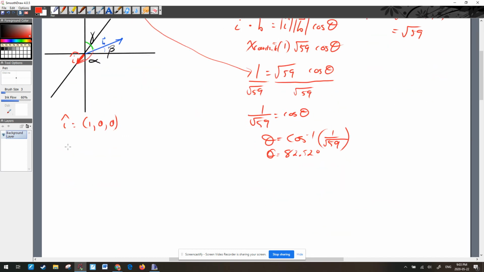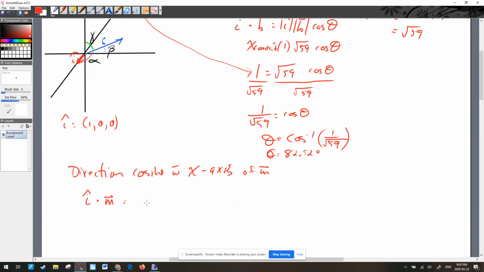So here's what we can do if we're going to consider this in general. If I want to know the direction angle or the direction cosine with the x-axis, let's look at it in general. We know that it's going to be the i hat vector dotted with whatever vector you're using. Let's say m, so the direction cosine of the x-axis of the m vector.